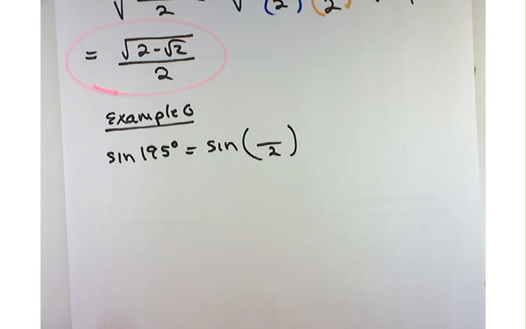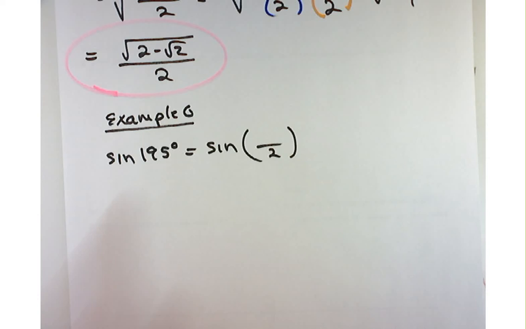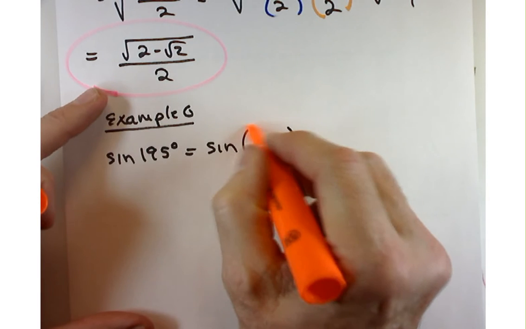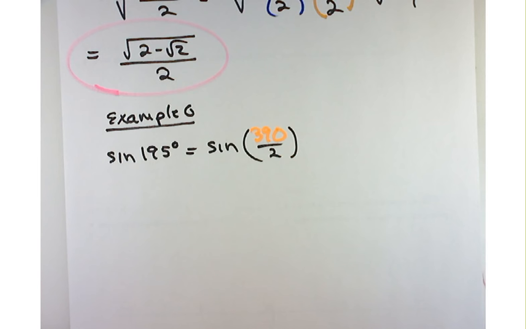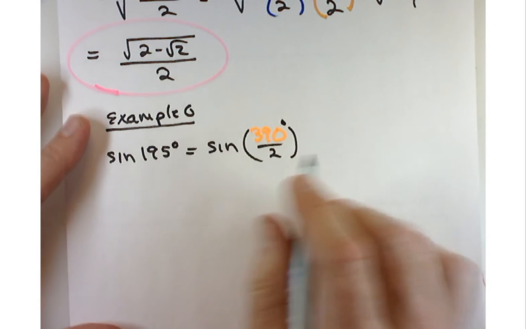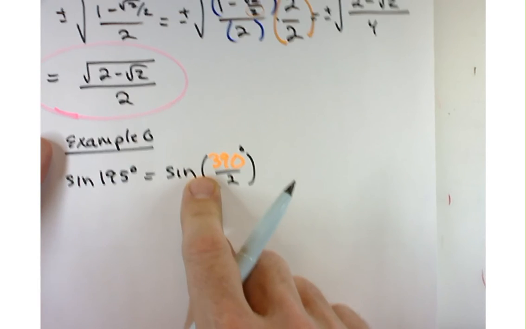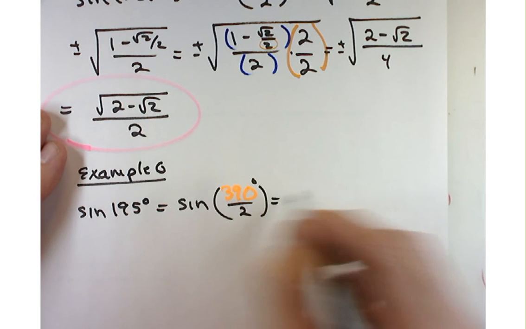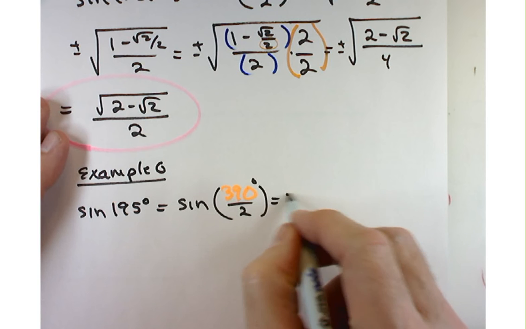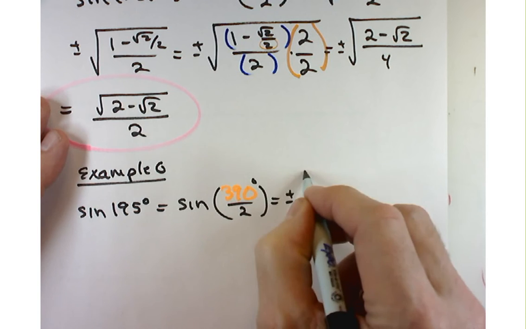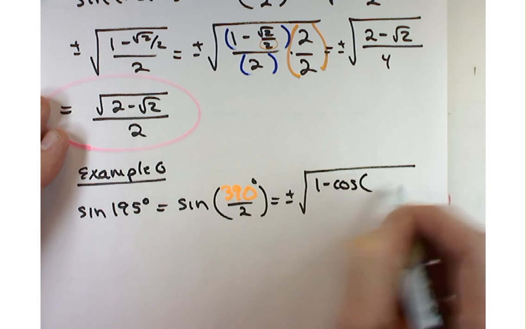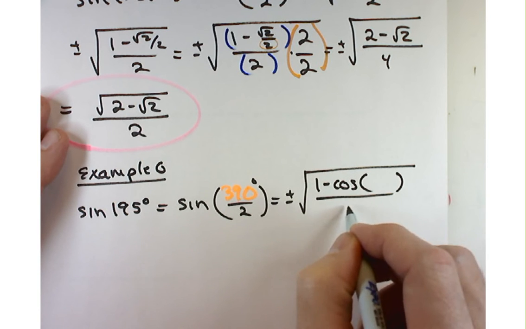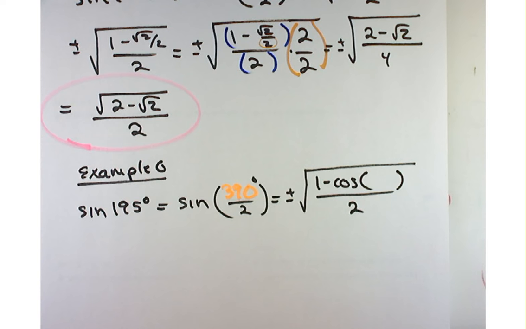Well, you can just take your calculator and multiply 195 times 2. Pretty sure you're going to get 390. So let's fill the 390 into our sine half angle formula. It's going to be plus or minus the square root of 1 minus cosine of 390, over 2.